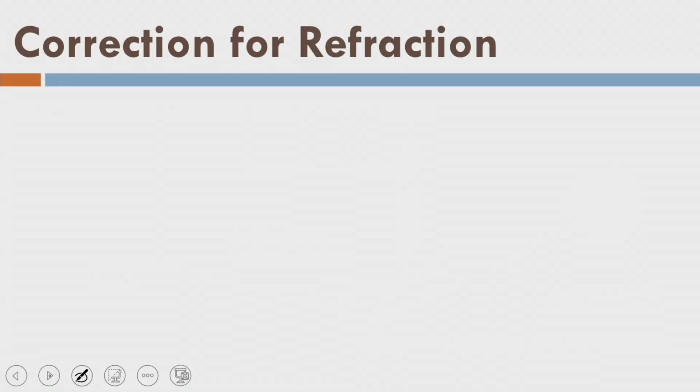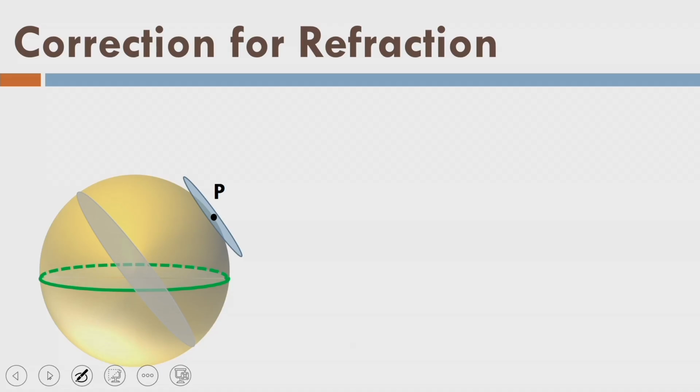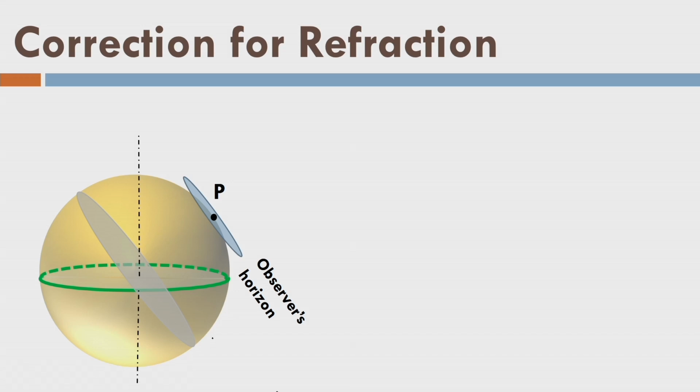So, first we make a correction for refraction. What is that? Let us see, there is a point P on the surface of earth, and I am assuming that the earth is spherical here with radius r. So, this is the observer's horizon at the surface of earth, and this is the observer's horizon shown here at the center of earth.